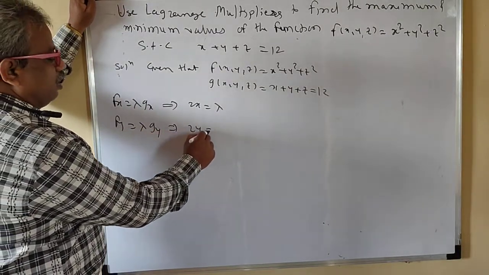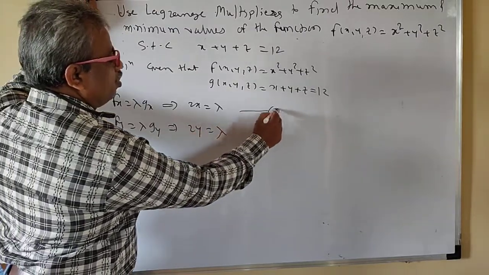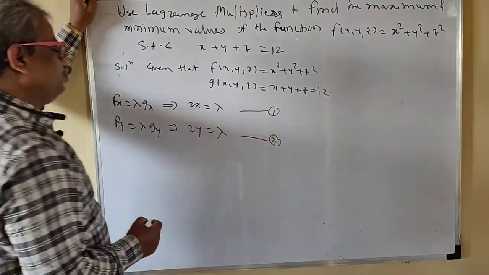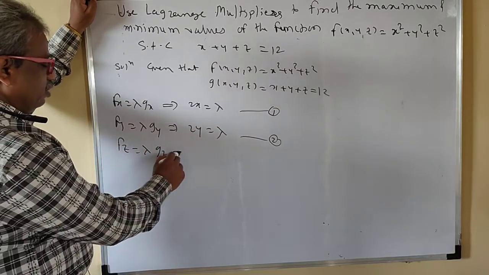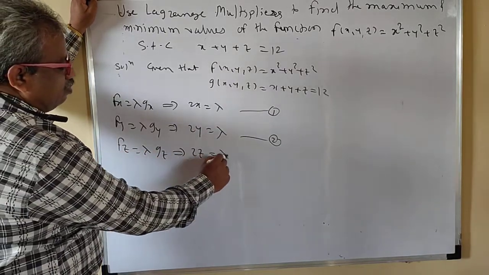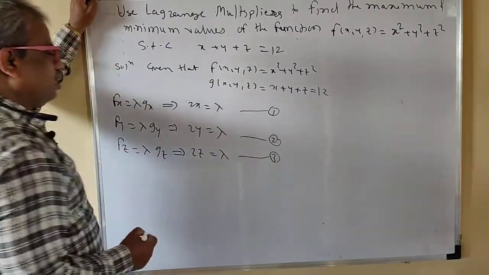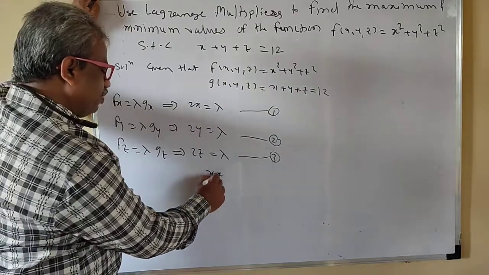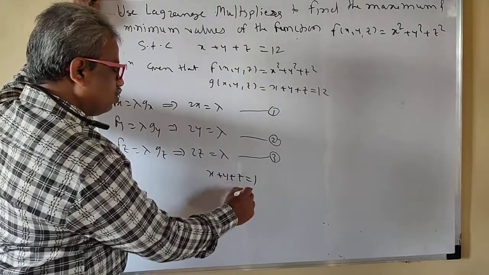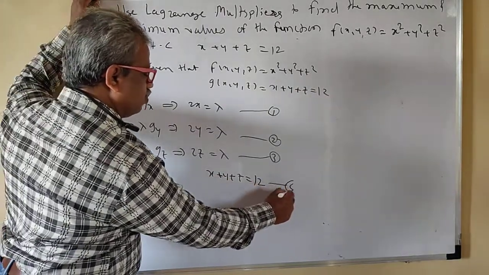Fy is what? Twice y is equal to lambda. We call this as 1. We call this as 2. fz is equal to lambda gz. This implies that twice z is equal to lambda. We call this 3. Now x plus y plus z is equal to 12. We call this as 4.